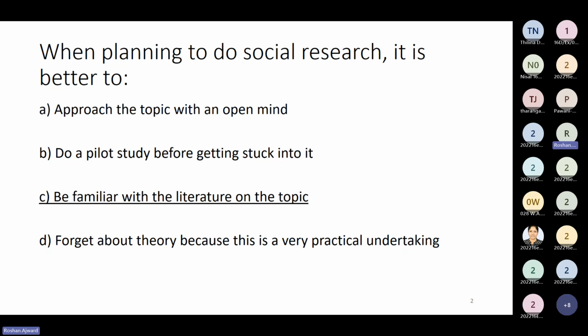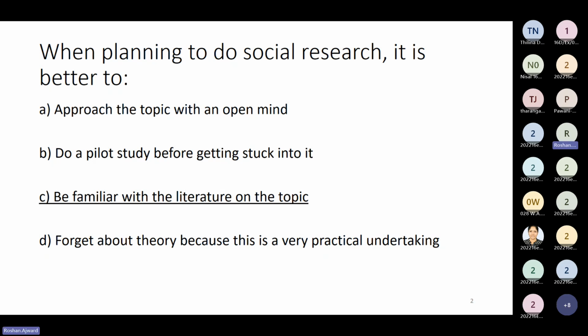This is the planning stage, and you are trying to do research. So where to start? Read literature. Read already existing studies. That's how you will start your research. So that's why: be familiar with the literature on the topic.